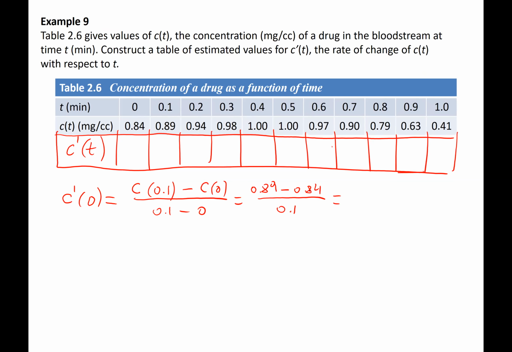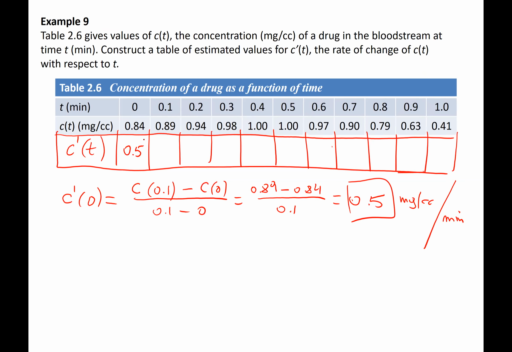This is 0.05 divided by 0.1, which is 0.5. And I can say this is milligram concentration per minute, per 1 minute. That means this is 0.5.